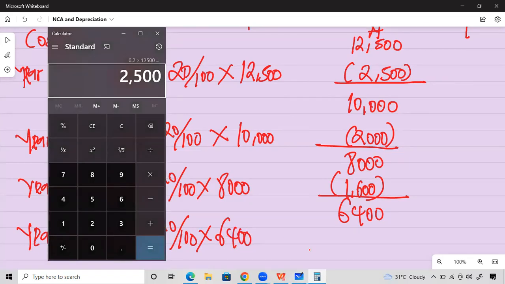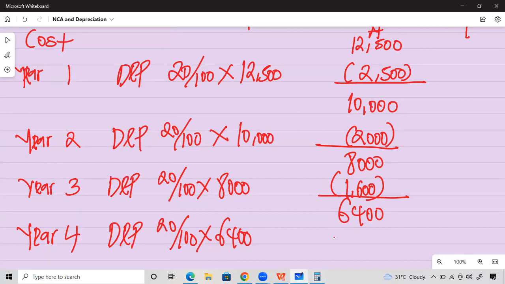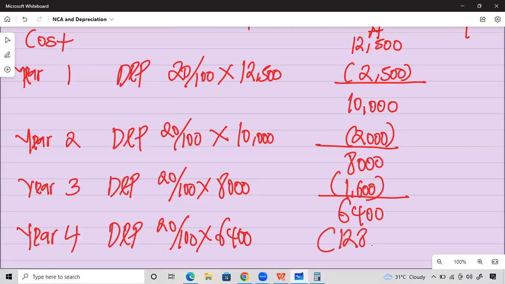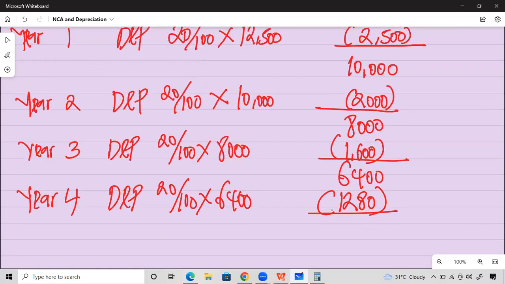Hold on. 0.2 multiplied by 6,400 will be 1,280. So minus 1,280. So that means at the end of year 4, this one is 5,120.